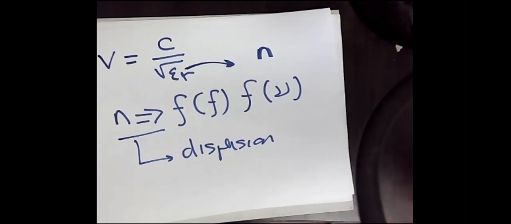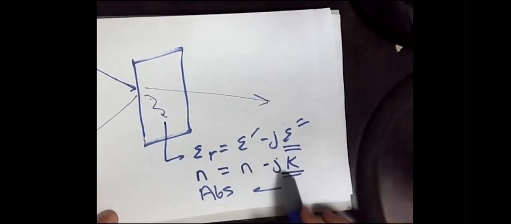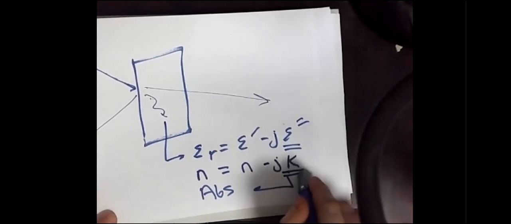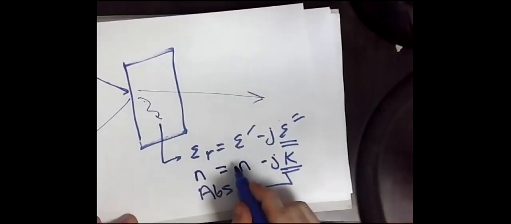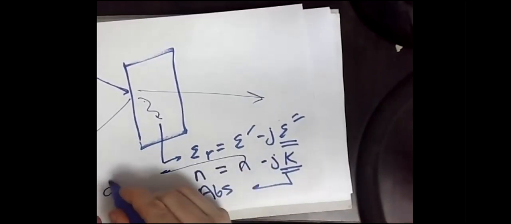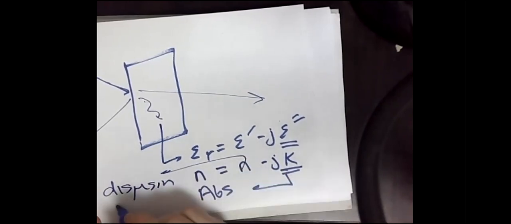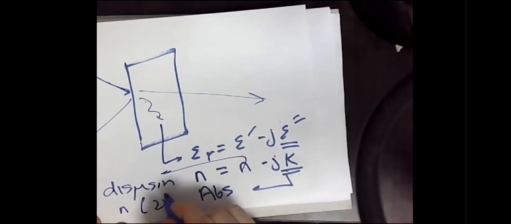If you remember, some slides ago, I wrote to you this equation: n equals n dash, or n real, minus jk. And I told you that k is the term responsible for absorption. Now, let me tell you that n is the term responsible for dispersion, whenever, of course, n is a function of mu.